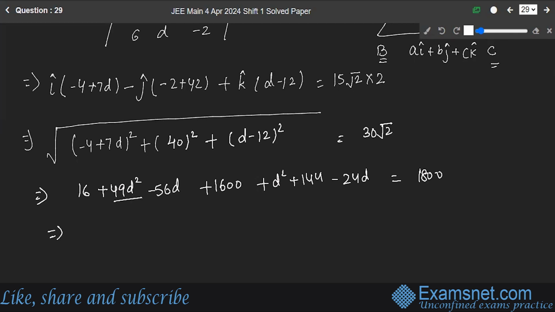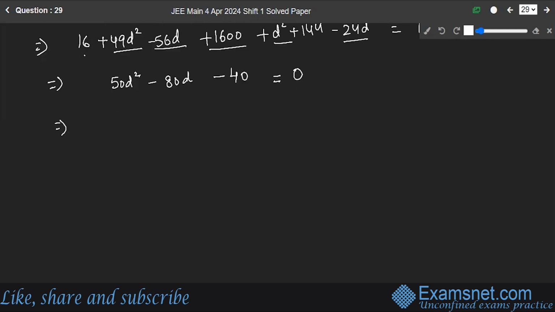Okay, so this will give me 49 plus D, this is equal to 50D squared, and 56D minus 24. This is going to give me minus 80D, and here will be minus 40, because this is 1600. I'm bringing this 1800 on this side. So 16 and this, and solving all the constant terms, you will get the resultant as minus 40.